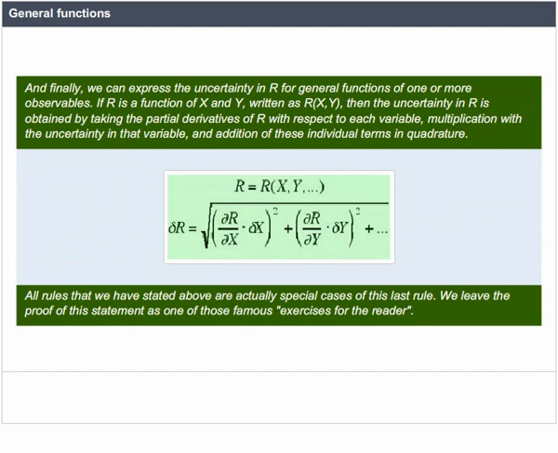We leave the proof of this statement as one of those famous exercises for the reader.